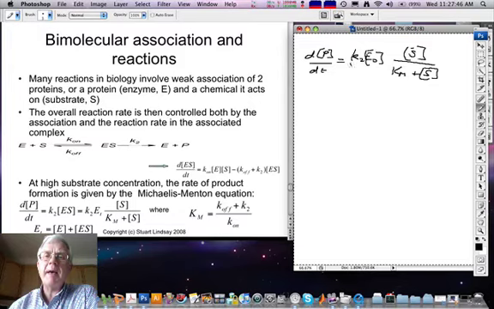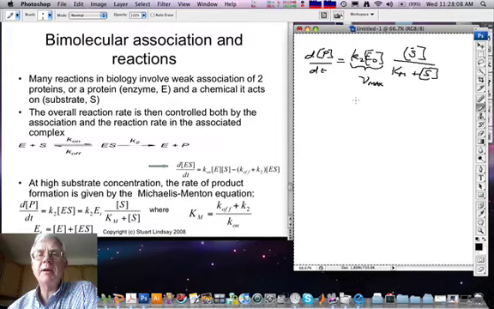This is the maximum possible rate of product formation. This occurs at a state where all of the enzyme is bound, and therefore the reaction proceeds at a rate given by the highest possible concentration of enzyme substrate complex. However, as one decreases substrate concentration, the binding of the enzyme to the substrate decreases and the reaction rate decreases.